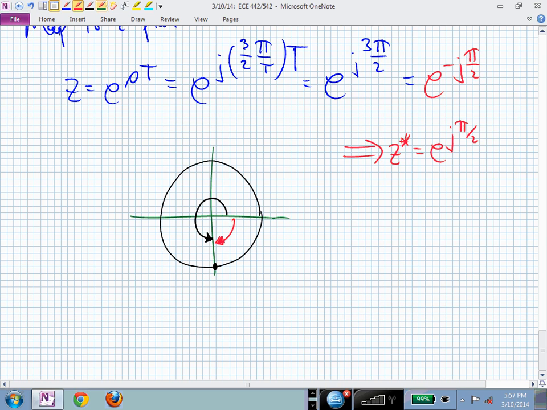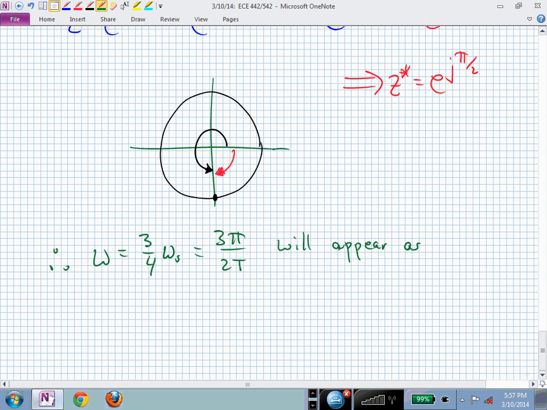And what that's saying then is that if we started with a frequency omega of 3/4 omega sub s, which in terms of the sampling period was this 3 pi over 2T, that's also going to appear like this frequency, or what frequency we end up with when we're at an angle of pi over 2, which is then, let's say, an aliased frequency omega sub a of pi over 2T.